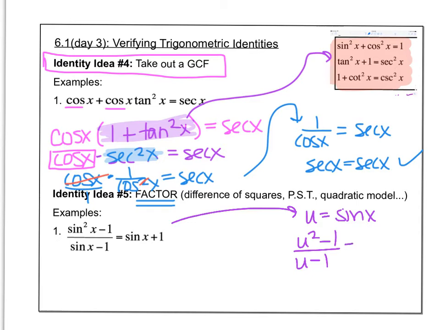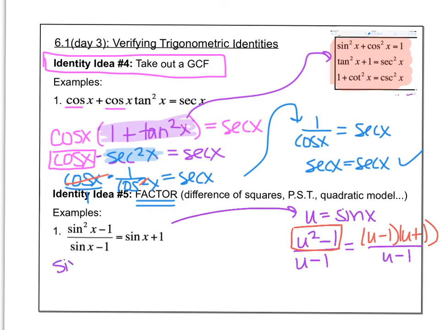So if I wanted to factor that, I hope you realize that this top part is a difference of 2 squares, and it's going to factor to u minus 1 times u plus 1 over u minus 1. So I can now rewrite that in my problem with the sine x in for u instead.